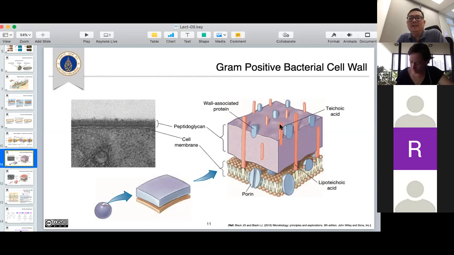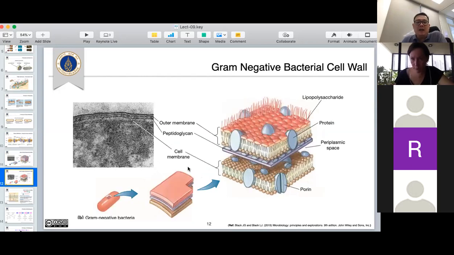Teichoic acid is a molecule that is present only in gram-positive bacteria. Actually, some teichoic acid is attached to peptidoglycan, but some teichoic acid is attached to lipid, phospholipid in the membrane. So we call it lipoteichoic acid. Okay. And then we move to gram-negative bacteria.